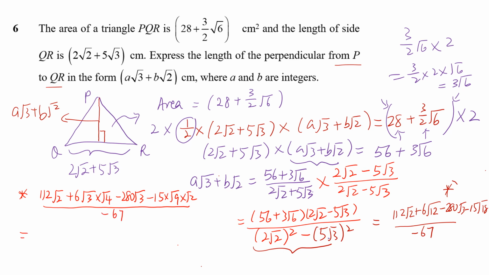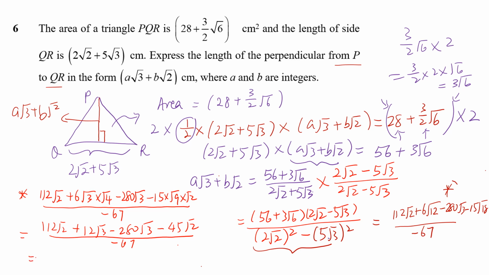Alright, can simplify further. 112 square root 2 plus 12 square root 3 minus 280 square root 3 minus 45 square root 2 over negative 67.